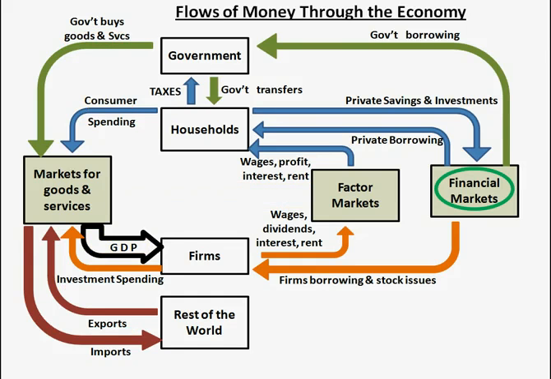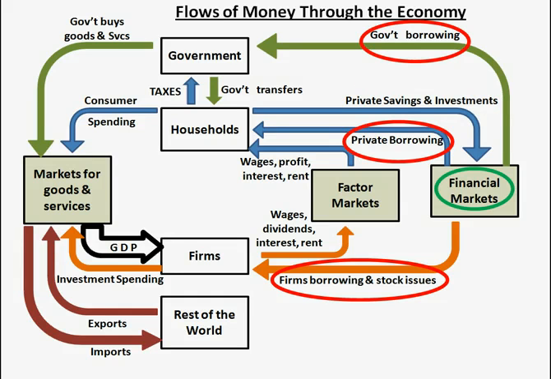Okay? Now the financial markets sometimes don't have enough cash to accomplish all the funds that they need to do. So they will take in money from private savings and investment. That's their only source of money. Okay? But they pay out money through government borrowing, private borrowing, and firms borrowing in their stock issues.